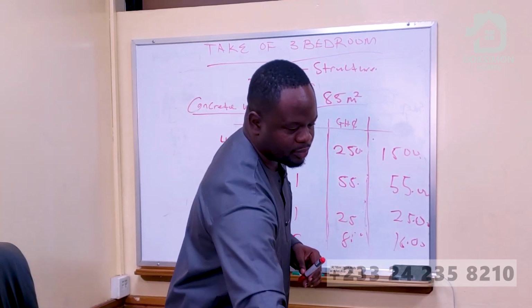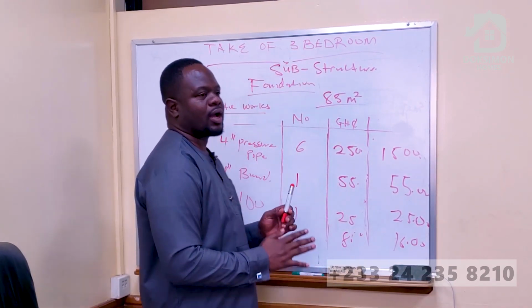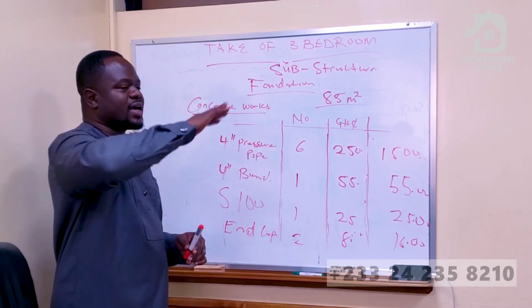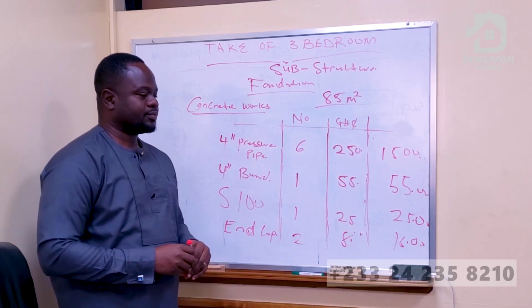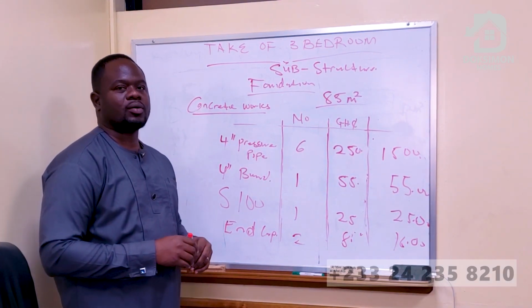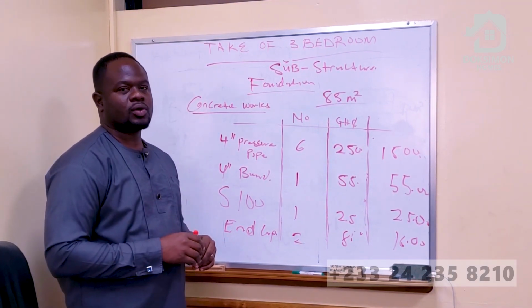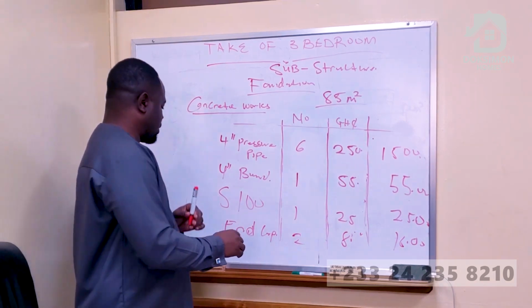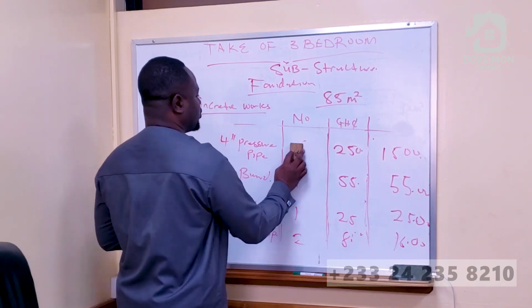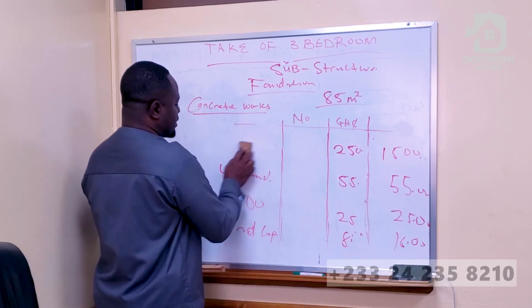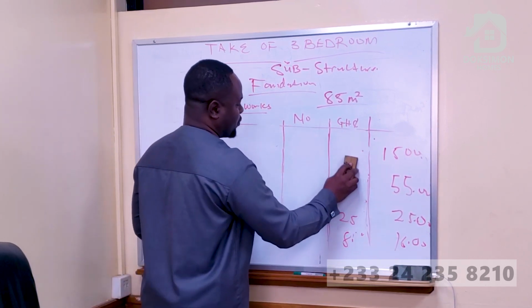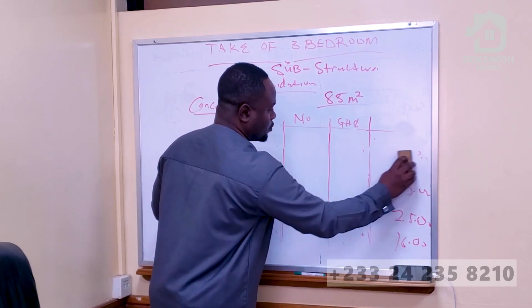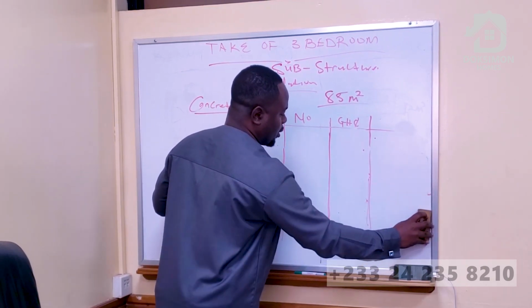All things being equal, we are now coming to cast the oversight concrete. That means that the floor that you are standing on in your house right now is called the oversight concrete. Some have been screeded and value has been added with finishes such as tiles, such as wood, and all kinds of areas. So this is just the breakdown.